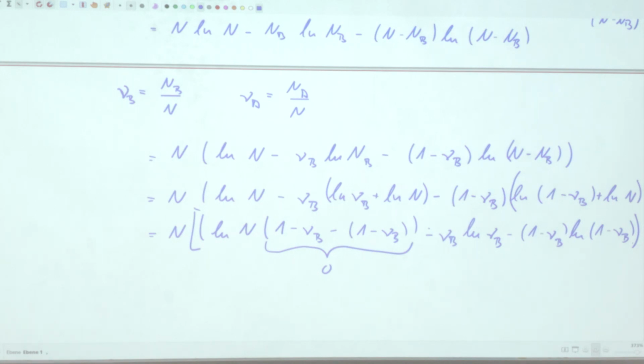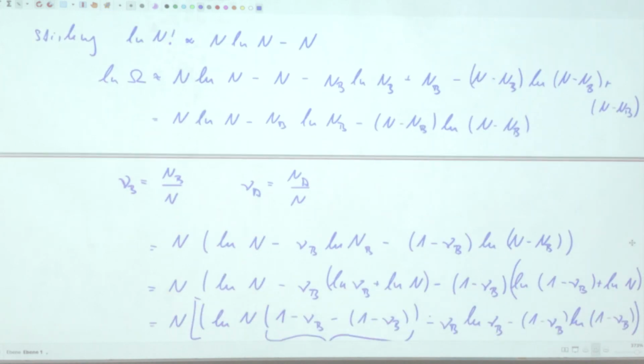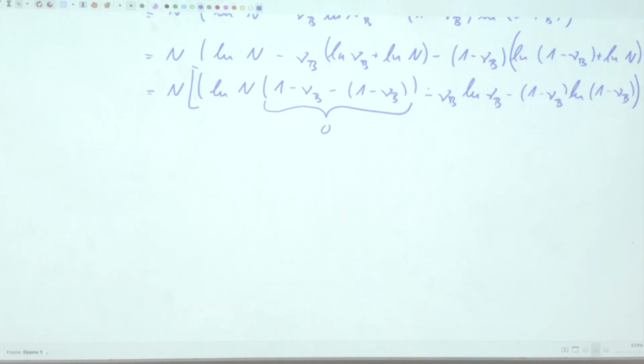And then the entropy, now we have the number of possibilities or the logarithm of this number. Entropy equals Boltzmann constant times the logarithm of the number.